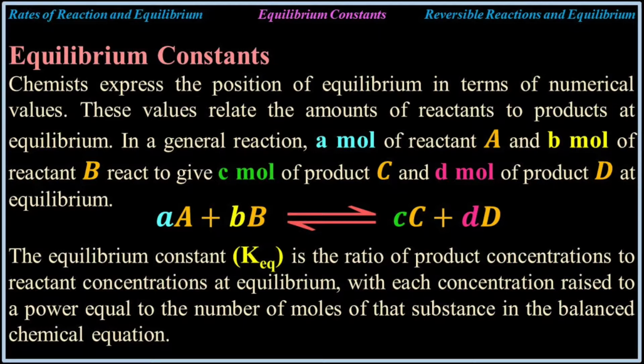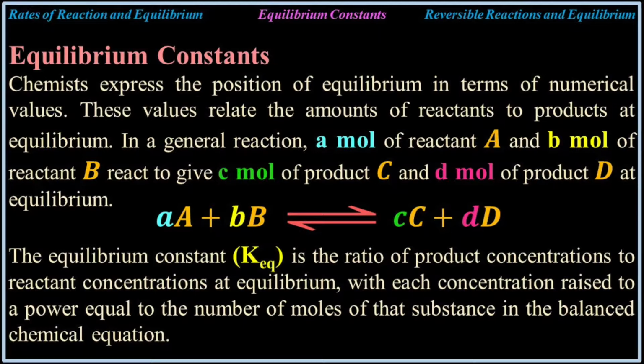In a general reaction, a moles of reactant A and b moles of reactant B react to give c moles of product C and d moles of product D at equilibrium. So you can see that capital A, B, C, and D are the actual substances, and lowercase a, b, c, and d are the coefficients.